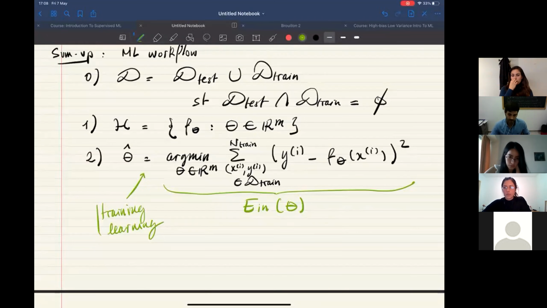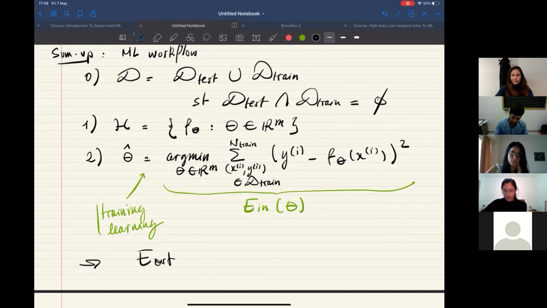So once we have done that, how do we evaluate our model? By computing the test error or the prediction error or the generalization error or the out of sample error.